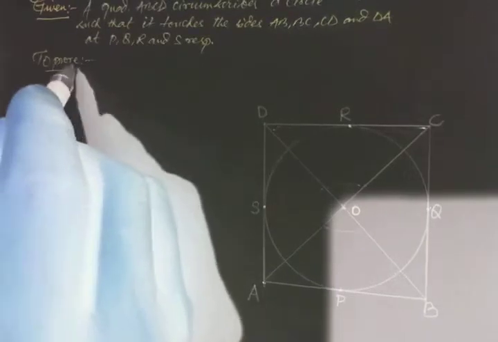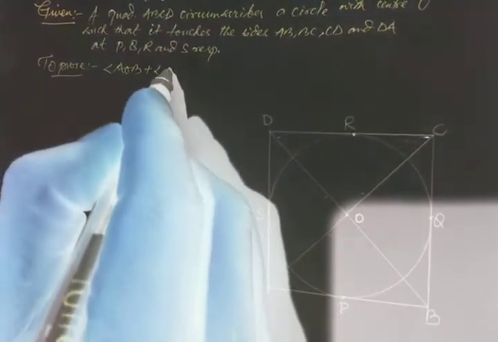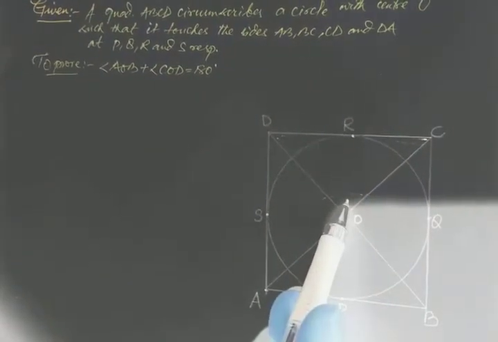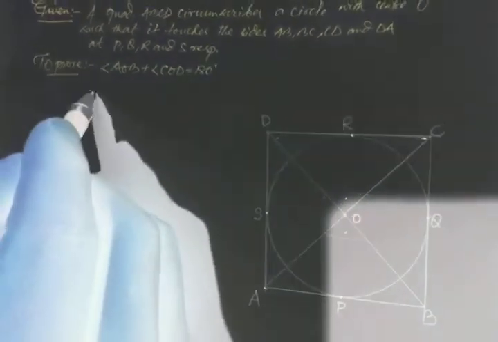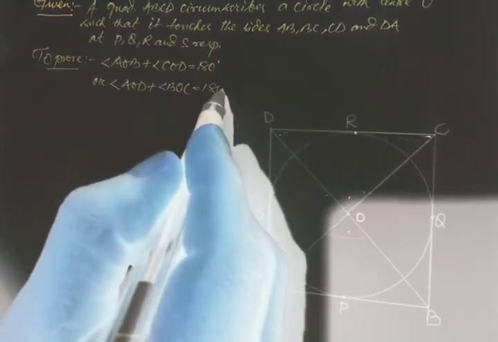To prove: angle AOB plus angle COD equal to 180 degrees, the angle subtended by the first pair of opposite sides, or the other, that is angle AOD plus angle BOC equal to 180 degrees.